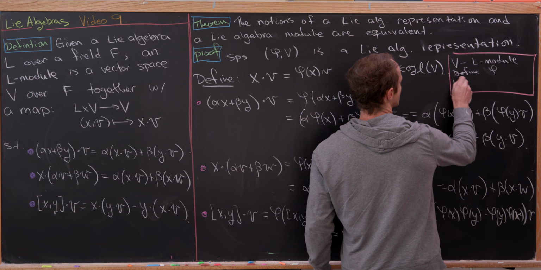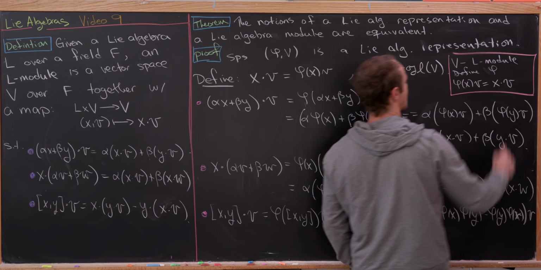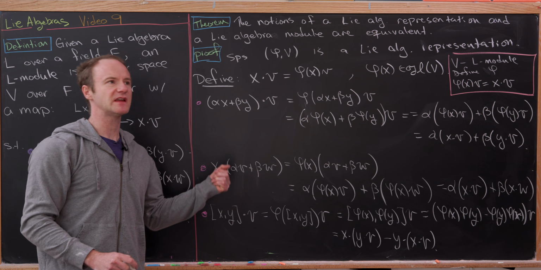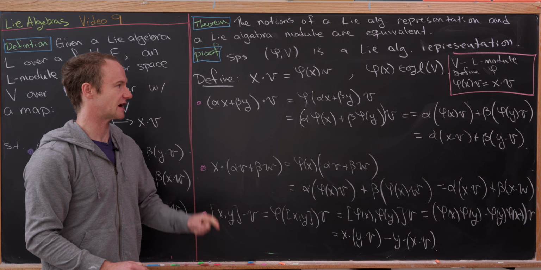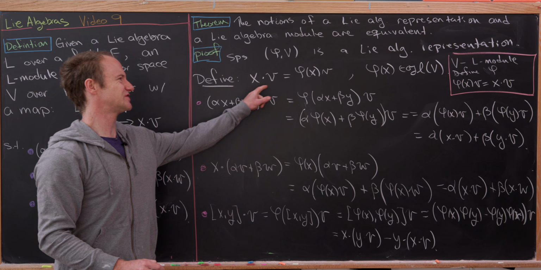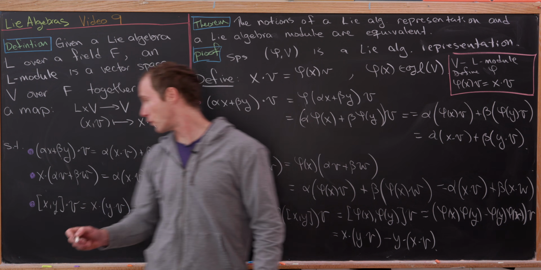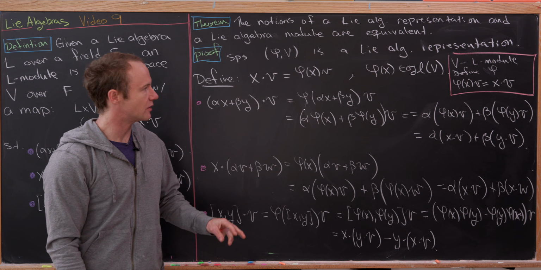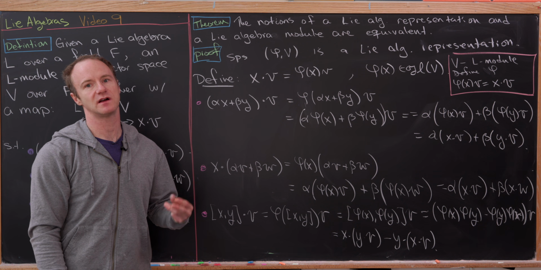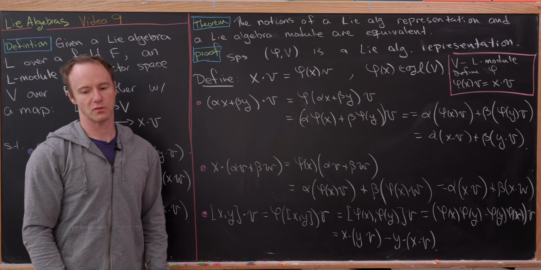Phi of x applied to v is equal to x dot v. We're defining phi by the linear transformation that we get assigned to a Lie algebra element. Notice that it's just this in reverse, but that's really all you have to do. Now we are assuming these properties, and what you have to show is that phi is itself a Lie algebra homomorphism. And then, like I said, I'll leave that as a homework exercise.